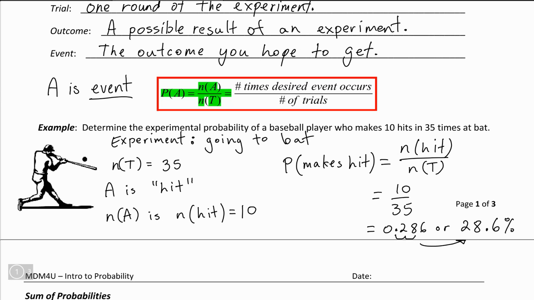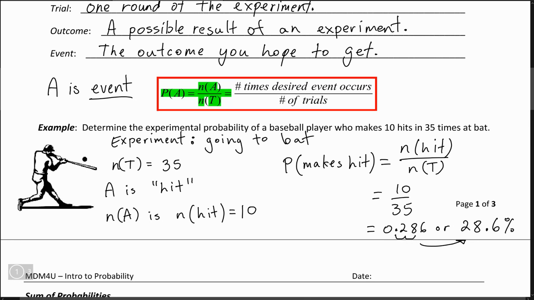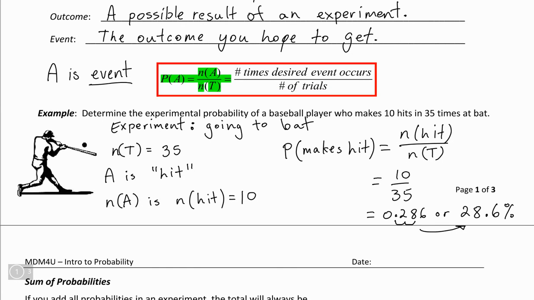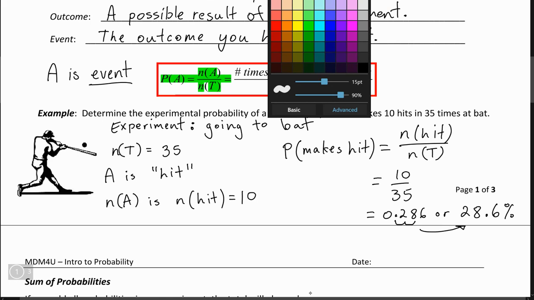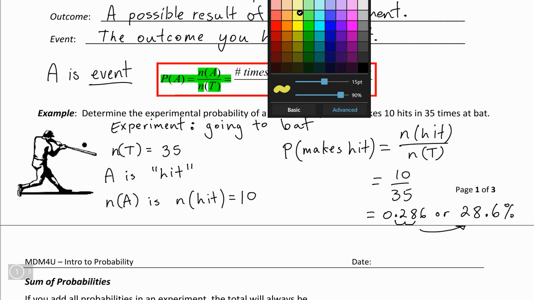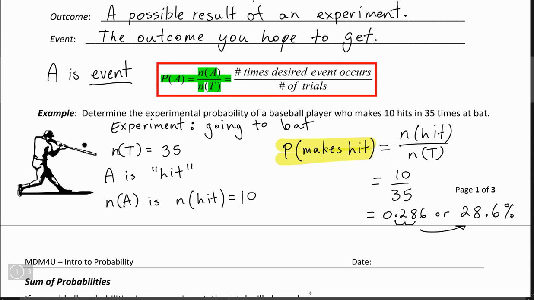Now, I did all this work here showing you a simple probability calculation. All you need to do as students is simply, I'm just going to highlight here what you need to show. Just show me this calculation here. So just show me that the probability of an event is equal to what the event is over the total number of trials, and give me your answers.